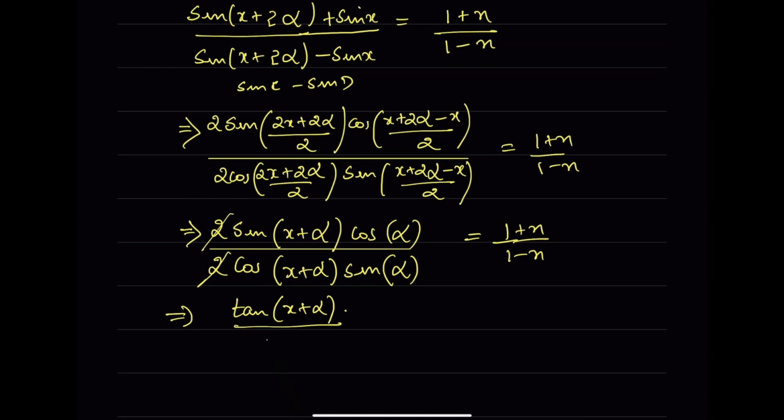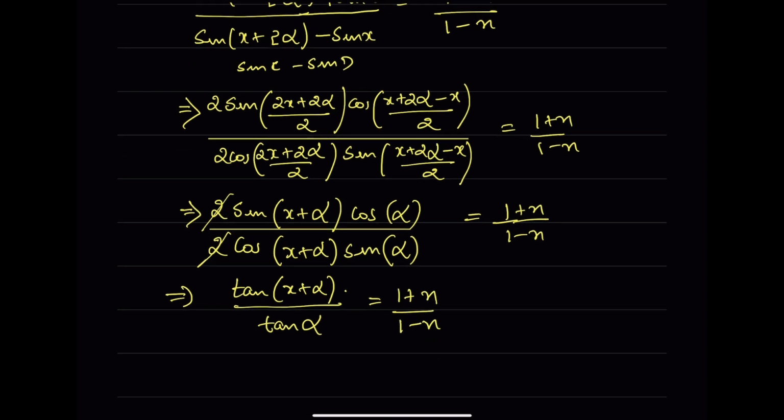So we can write it as 1 by tan alpha, is equal to 1 plus n by 1 minus n. So we just move the tan alpha to the other side and we get our proof. Tan of x plus alpha is equal to 1 plus n by 1 minus n times tan alpha.